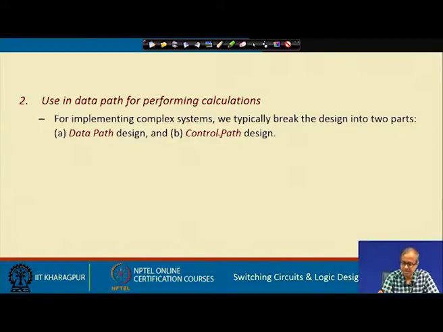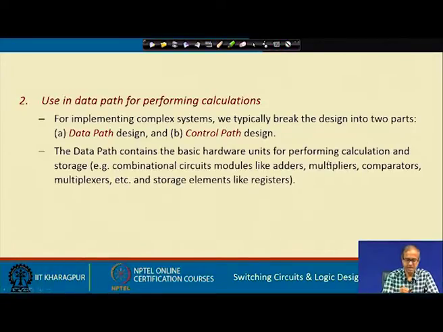So, what are data path and control paths? Data path will contain all the basic hardware units that are required for the calculation. For example, the example that I mentioned, GCD calculation. For GCD calculation, you will be requiring some registers to store the input numbers, some register to store some intermediate data, some adders, subtractors, maybe some comparators.